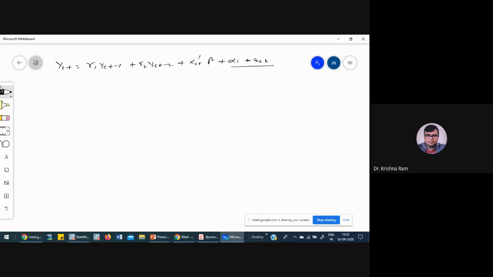So this one. Taking a first difference, this becomes delta y_it, this becomes delta y_i,t-1, this becomes delta y_i,t-2, this becomes delta x_it beta, this one vanishes, and this becomes delta epsilon_it.